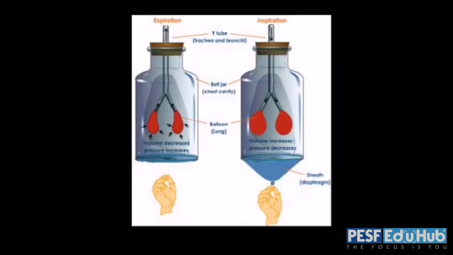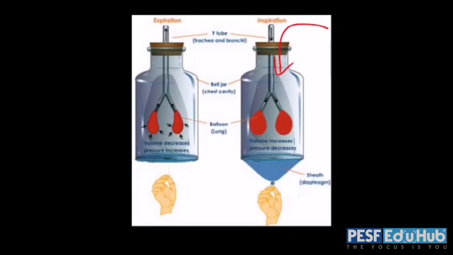Here we use a balloon as a diaphragm. When we pull the diaphragm down, the volume of the bottle increases. When volume increases, pressure decreases. When pressure decreases, air from outside rushes into the tube and the balloons become inflated.